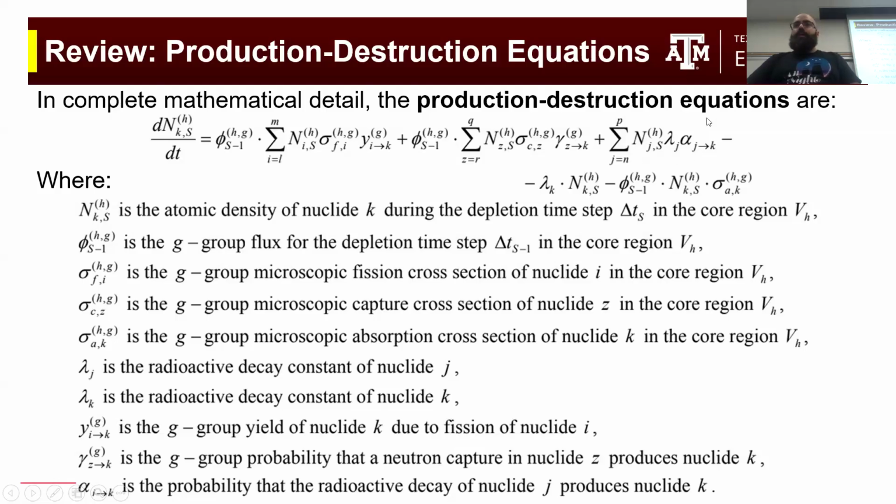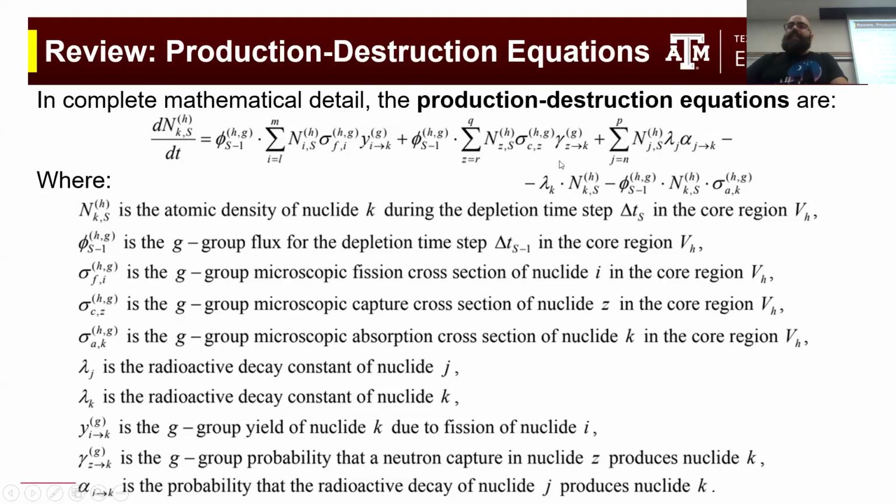And then this last one is we've got a number density times a decay constant. So that product right there is like a decay rate density. And then that decay rate density has a multiplier on it, which says these are the fractions of decay of isotope J that produce the isotope K that we're keeping track of. And so the index I here is for all of my fissionable nuclides that are attached to this fission cross-section in our fission production term.